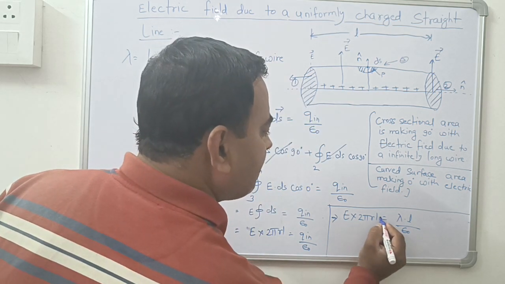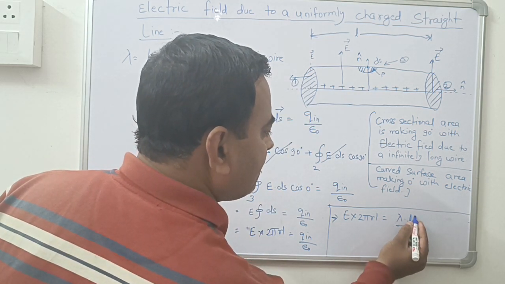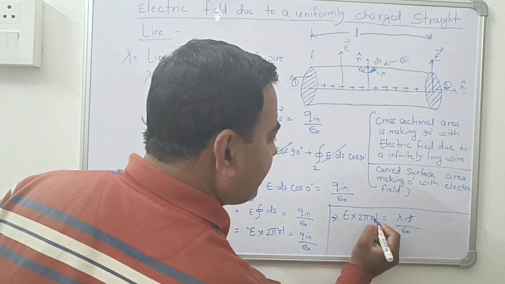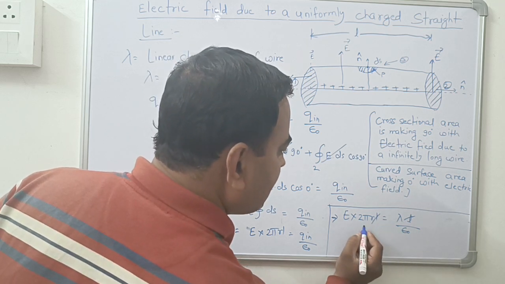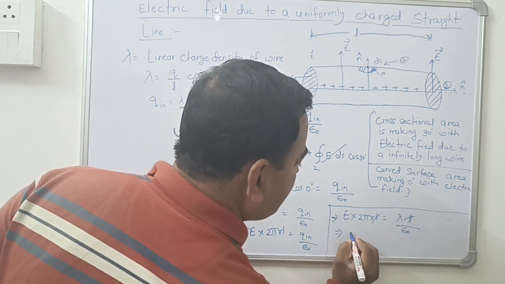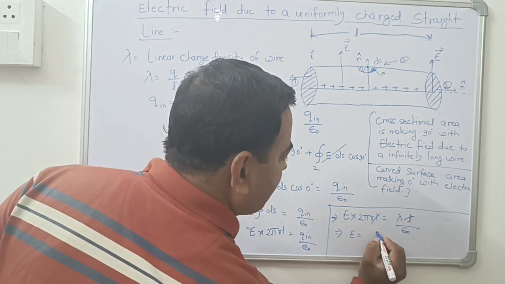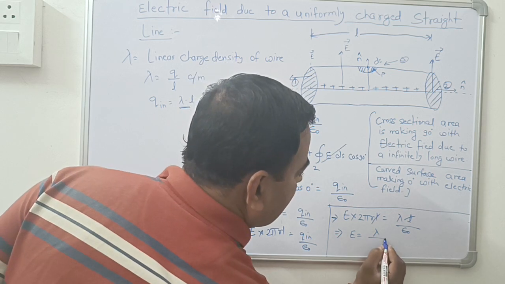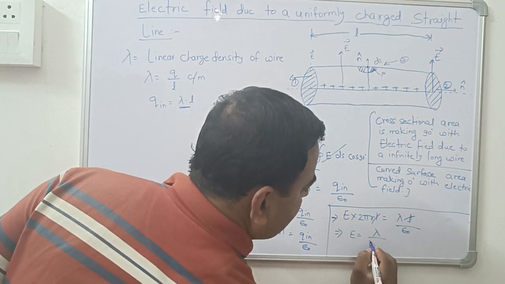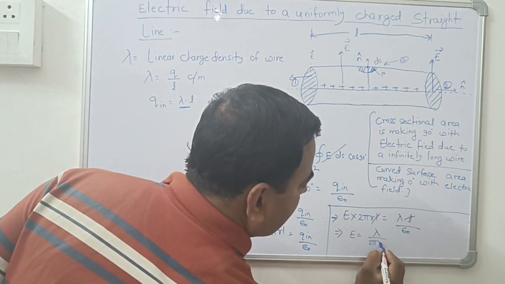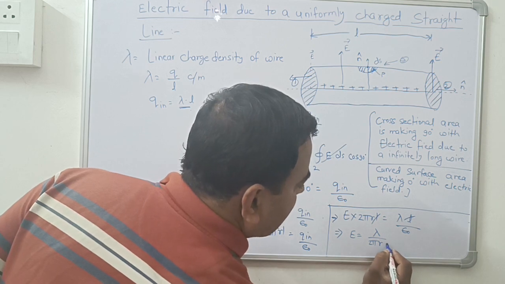Now L will get cancelled, and if you simplify, E is lambda upon 2 pi r epsilon naught.